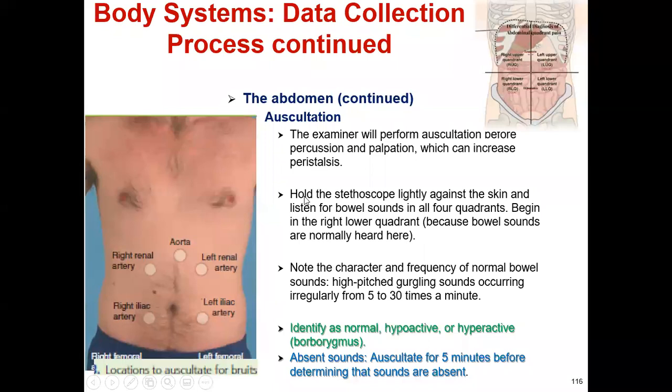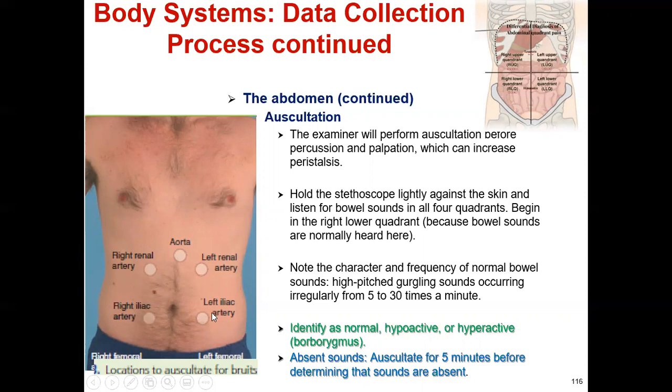So hold the stethoscope slightly against the skin and listen for bowel sounds in all 4 quadrants, and begin in the right lower quadrant. If the patient does not complain of pain, we usually start examining from the right quadrant, particularly the right lower quadrant.